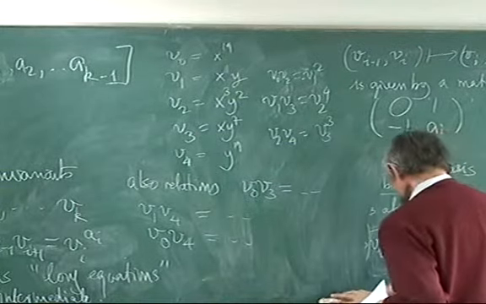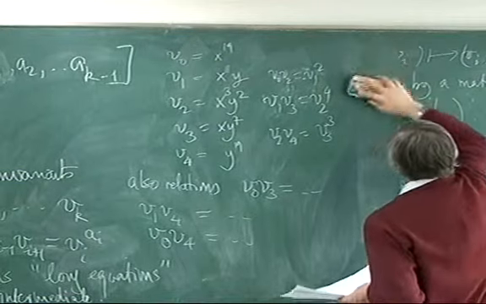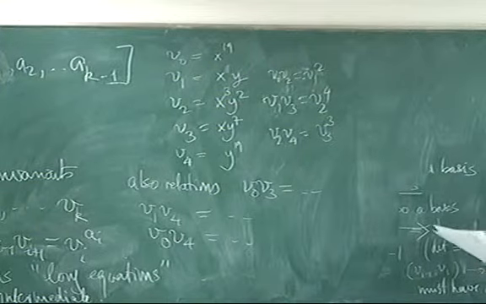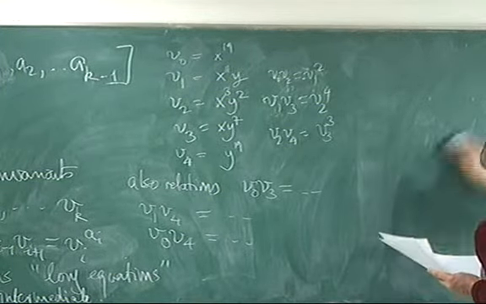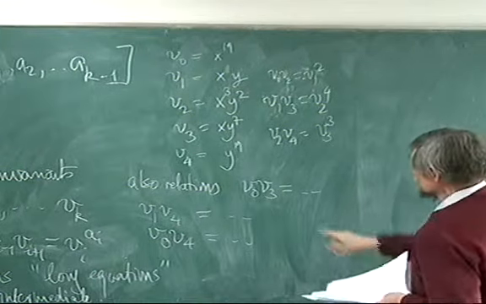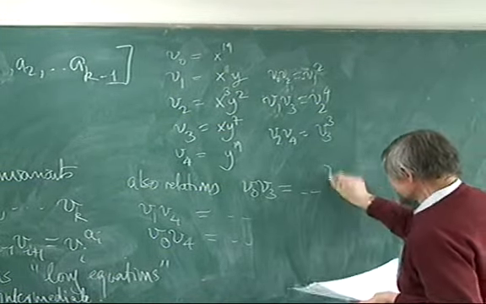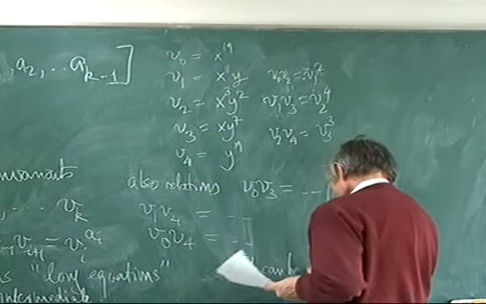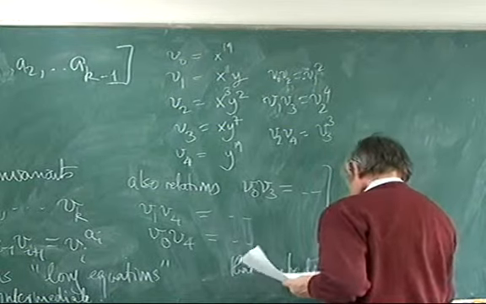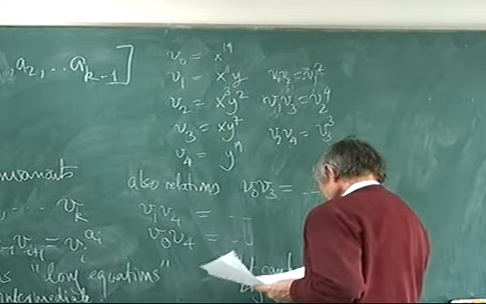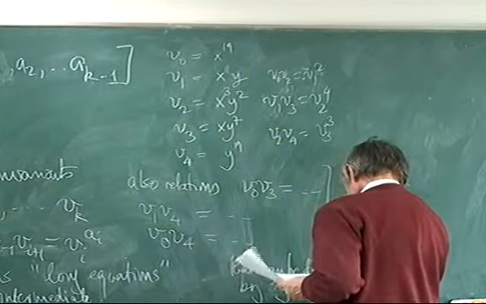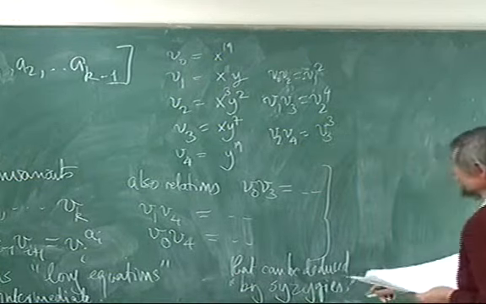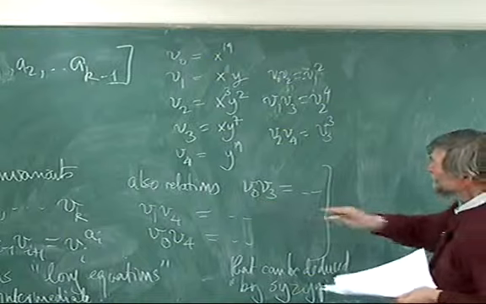So let's calculate what these are. That can be deduced by syzygies. I'm not going to explain formally what this means. So how are we going to find a relation for V0 V3?